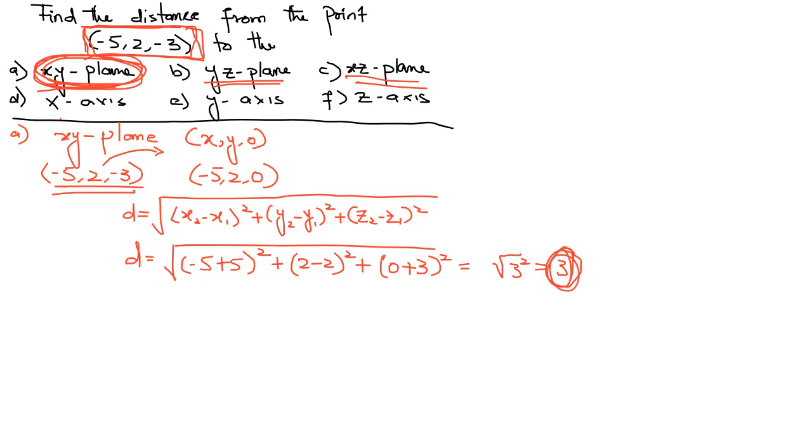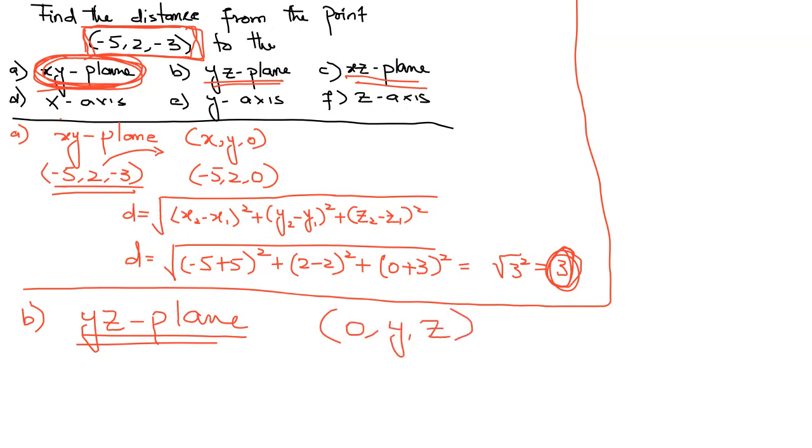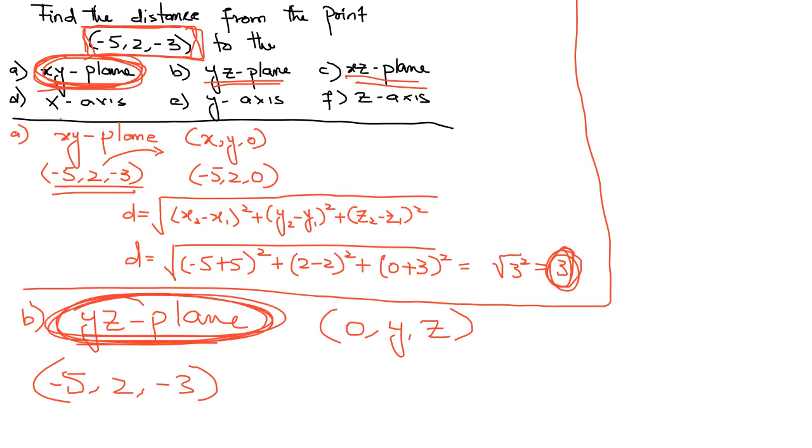Got it? Similarly, you can easily find the distance of that point to the YZ plane. YZ plane means x is 0 and only y and z remain. So this point -5, 2, and -3, you have to convert into the YZ plane.